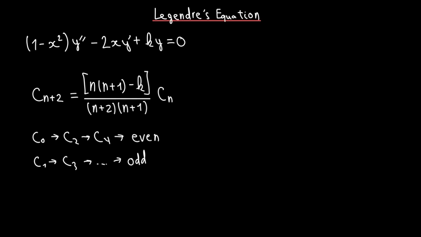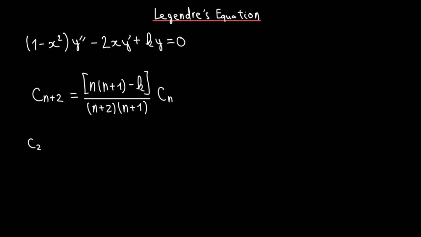And so if we consider C0 and C1, we can fill the even and odd numbers and therefore the whole set of natural numbers. For example, using the recurrence relation, we find the expression of C2 as a function of C0, which is 0 times 1, so 0, minus k, over 0 plus 2, so 2 times 1, minus k over 2, C0.